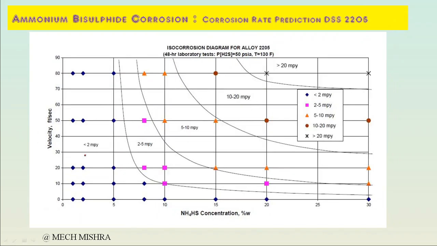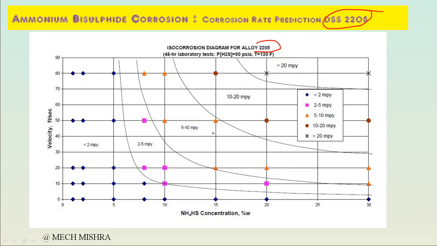Okay, so this is for duplex alloy, duplex 2205, and this is much more resistant than the stainless steel here, because nickel has increased. As nickel percentage increases, the corrosion rate decreases and it will be more resistant.